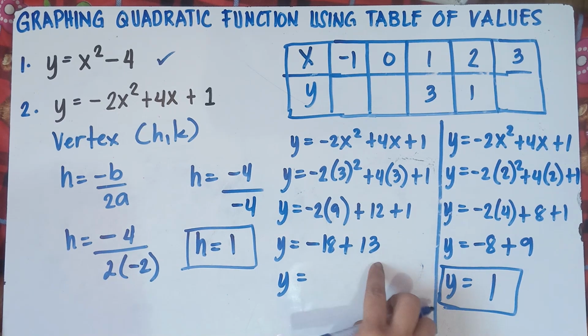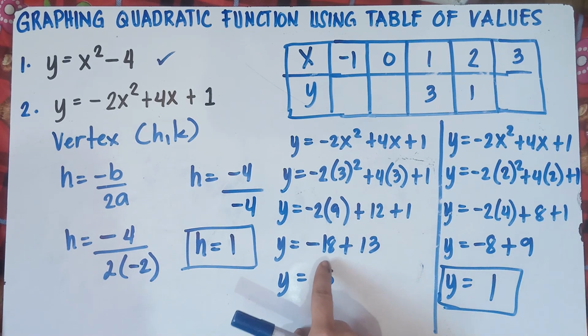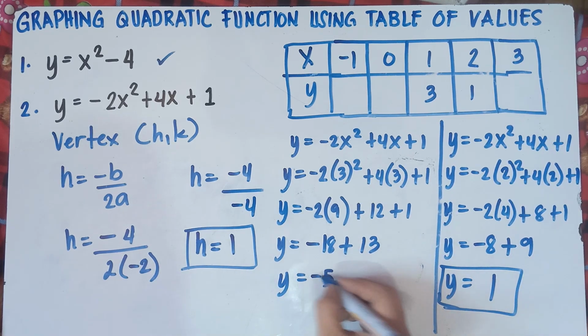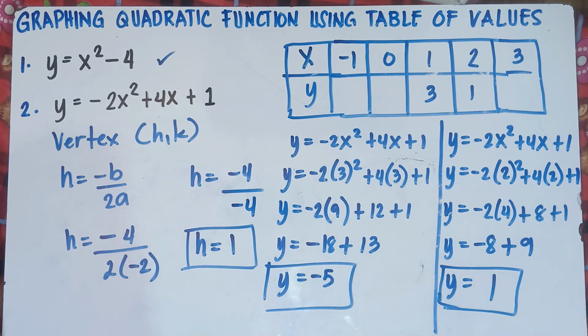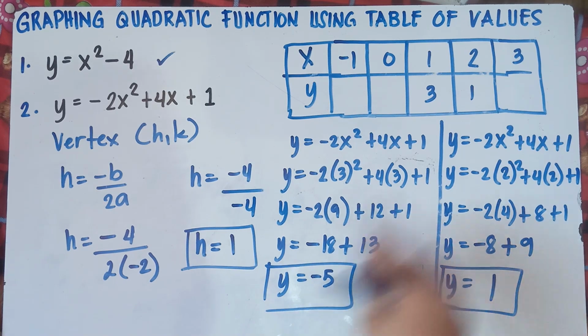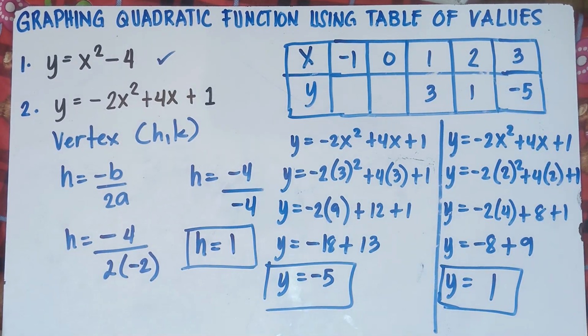If the signs are not the same, we have negative 18, we have positive 13. We subtract, so 18 minus 13, that is 5. Then we copy the sign of the larger number. Since 18 is greater than 13, we copy the negative sign. So therefore, if our x is positive 3, our y is negative 5.